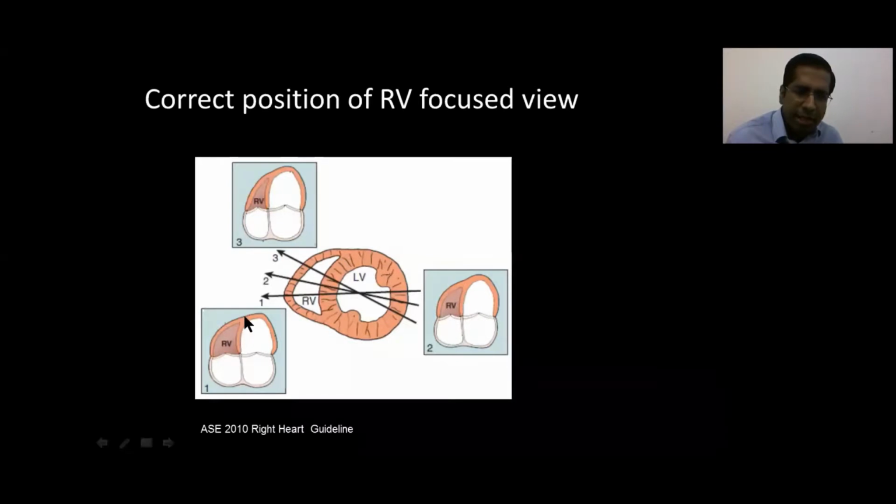So right ventricular size in the four-chamber view becomes very important to look at with multiple adjustments. So as you can see, it changes a lot as you adjust, but more or less the left ventricular size does not change much. So whatever gives you the maximum size is the correct one. So in this case, it would be this particular image.